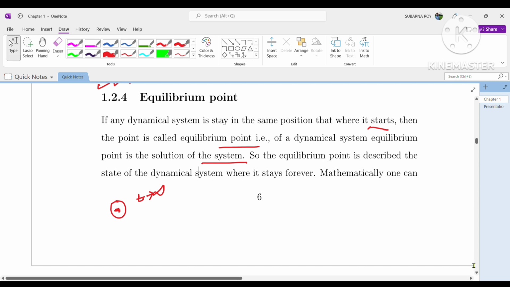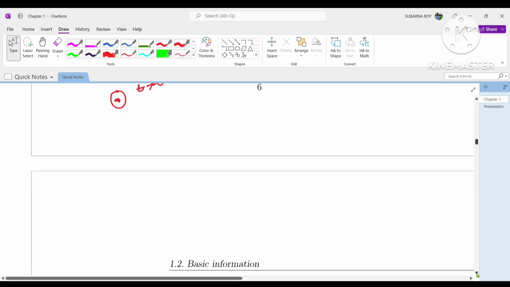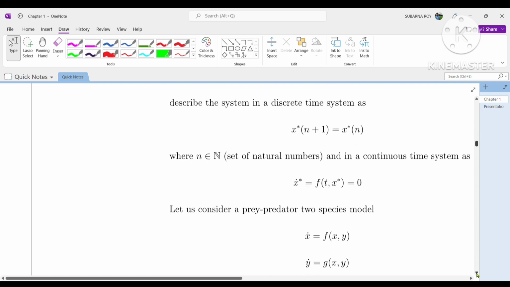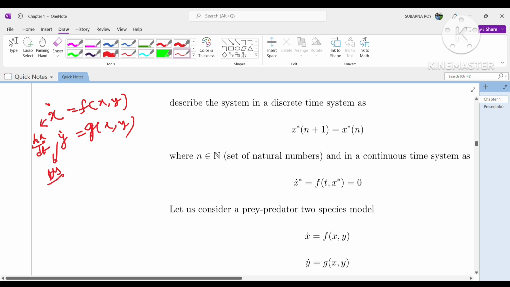So mathematically one can find the equilibrium point. You have a dynamical system, that is x dot equal to f of x, y, and y dot equal to g of x, y. Here x dot means dx/dt, and y dot means dy/dt.